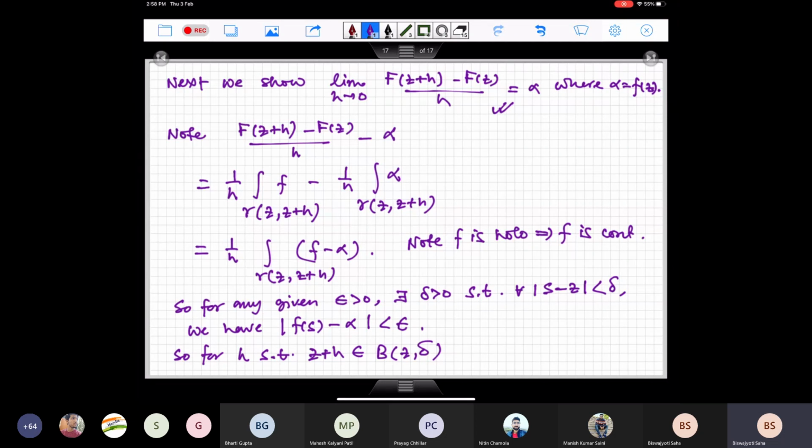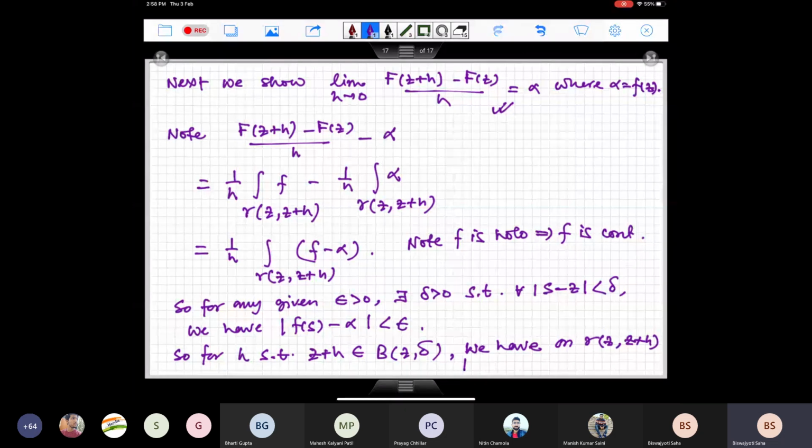So you take h so that z plus h is in this ball. Then on the path gamma from z to z plus h, the difference of this function is less than epsilon.